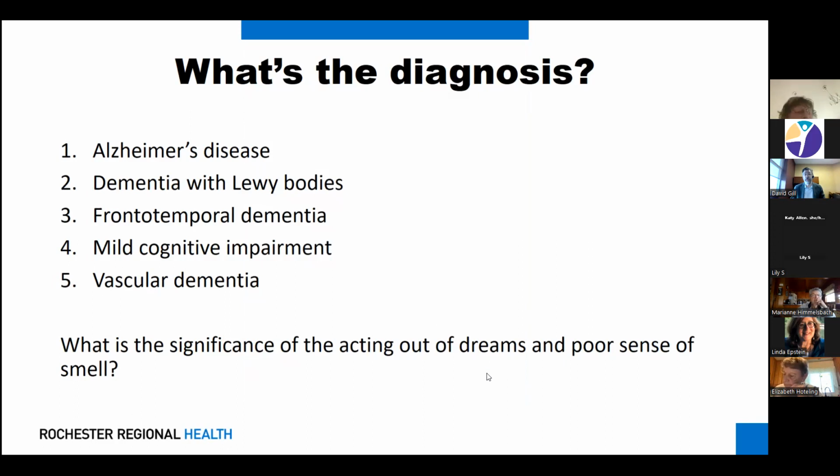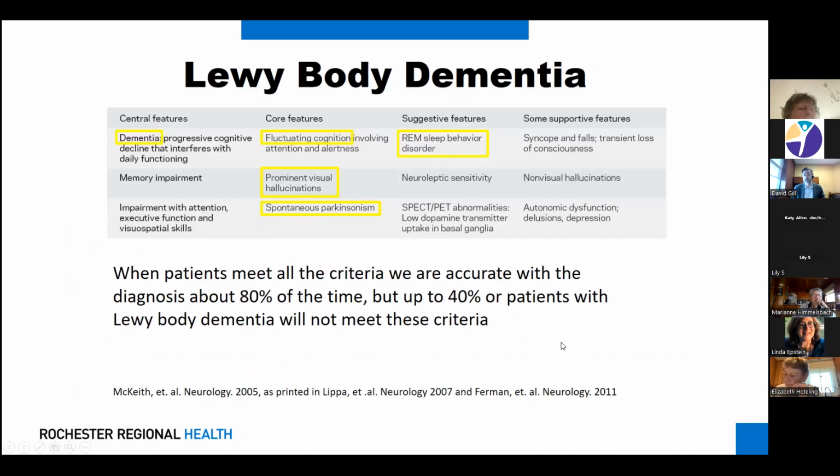Lewy body dementia, this is the criteria for Lewy body dementia. And it's important to have the following. So dementia, which means bad memory, progressive cognitive impairment, visual hallucinations, which he had, Parkinsonism, which is the tremor and slowness of movement, acting out dreams in his sleep, and the other is fluctuations.